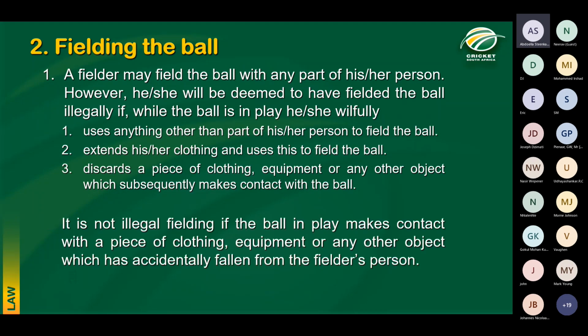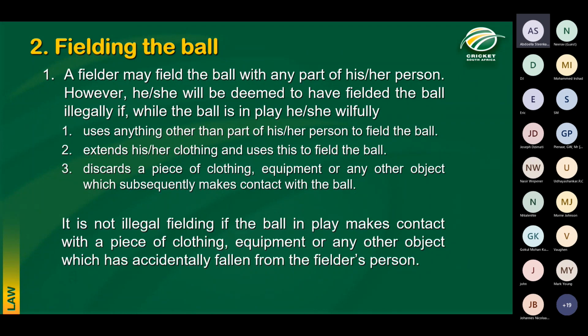But to emphasize point number 3, the clothing or equipment must be discarded willfully, because there are times where your clothing or equipment will fall off accidentally. Like you'll see on many occasions, a fielder chasing after the ball, and then the wind blows the fielder's cap off his or her head.